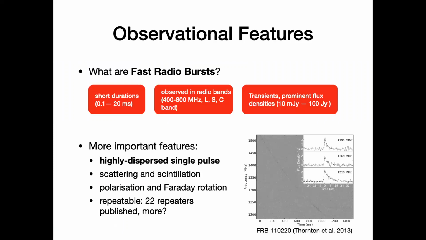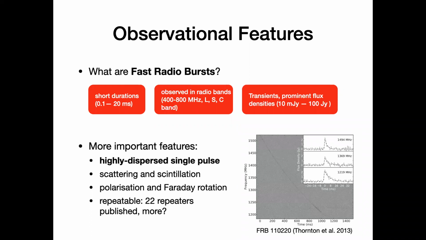For FRBs, I don't want to talk a lot on this because everybody in this meeting knows they are very rare. They are short-duration radio transients with prominent flux density. The more important features are dispersion and scintillation that you observe in the dynamic spectrum.